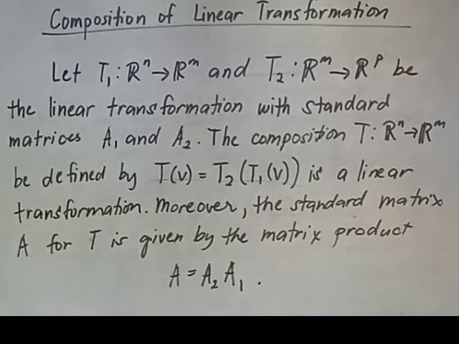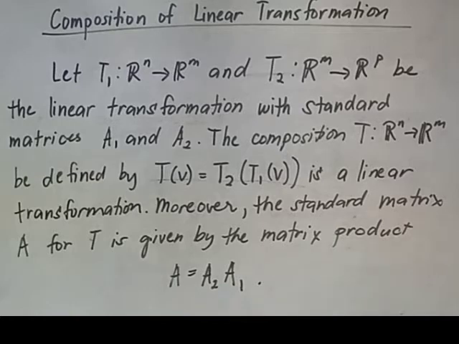The composition of the transformations, from Rn to Rp, is defined by the transformation of vector V equals T2 of the quantity T1 of V, and this composition is a linear transformation. Moreover, the standard matrix A for the composition is given by the matrix product A equals A sub 2 times A sub 1.